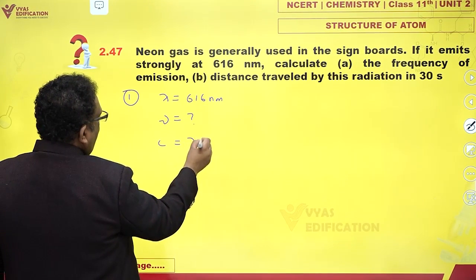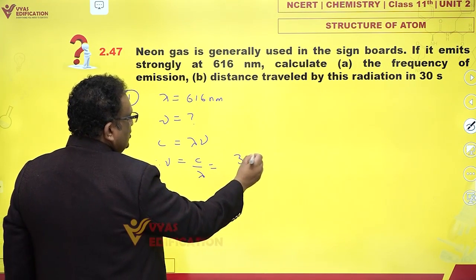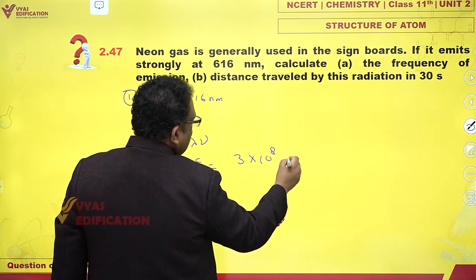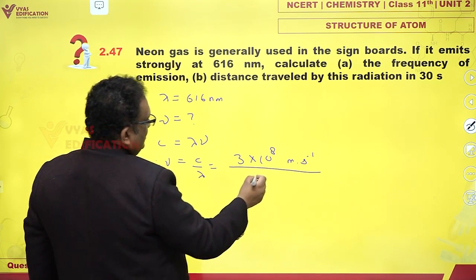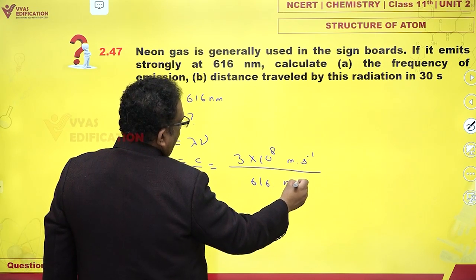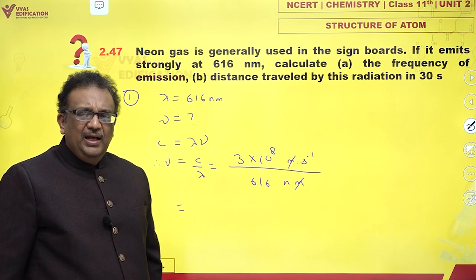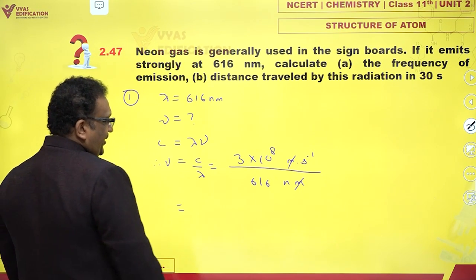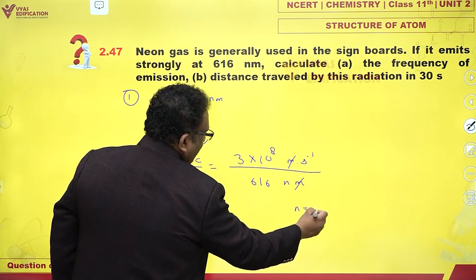C is lambda nu. Therefore, nu is C by lambda. C, velocity of light, is 3 lakh kilometers per second, divided by lambda, which is 616 nanometer. Well, how much is that? I can happily and lovingly divide this. Can I? Well, I can, and nano means 10 raised to minus 9.